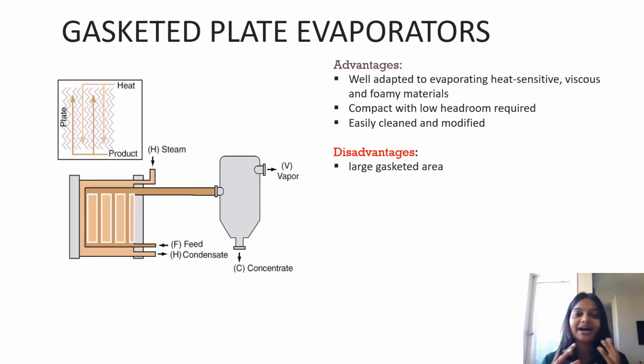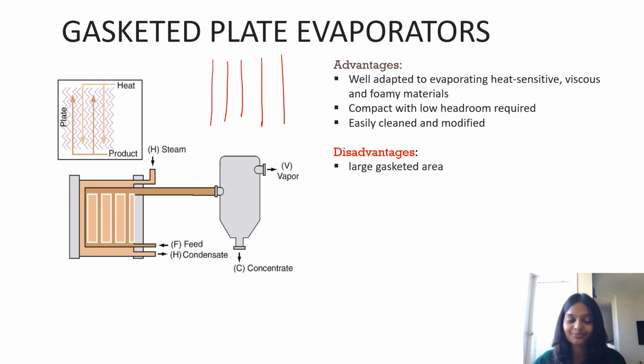Now talking about gasketed plate evaporators. A gasketed plate evaporator works similarly to a plate heat exchanger. In a plate heat exchanger you have different corrugated plates placed together. In one compartment the feed flows, and in the next, steam. So consecutively you have feed and steam, with various plates placed here.